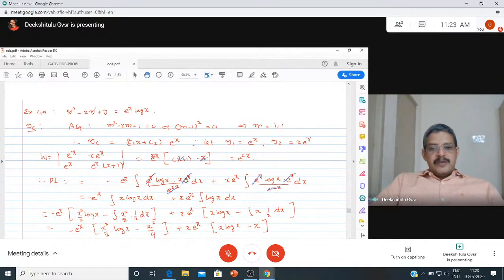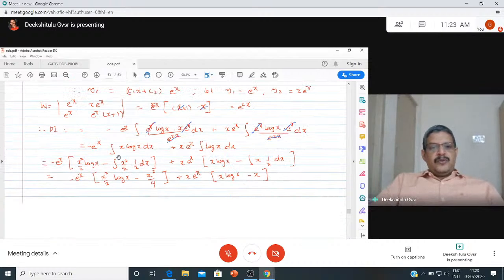Here e power x into e power x is e power 2x, and e power 2x gets cancelled. Here also the same thing. So what is remaining is minus e power x integral x log x dx plus x e power x integral log x dx. So you apply the UV rule here.